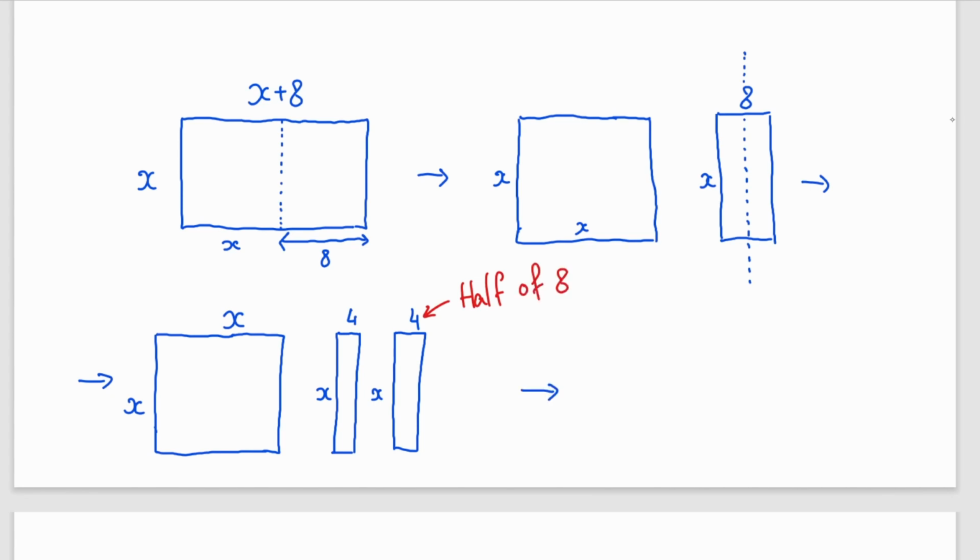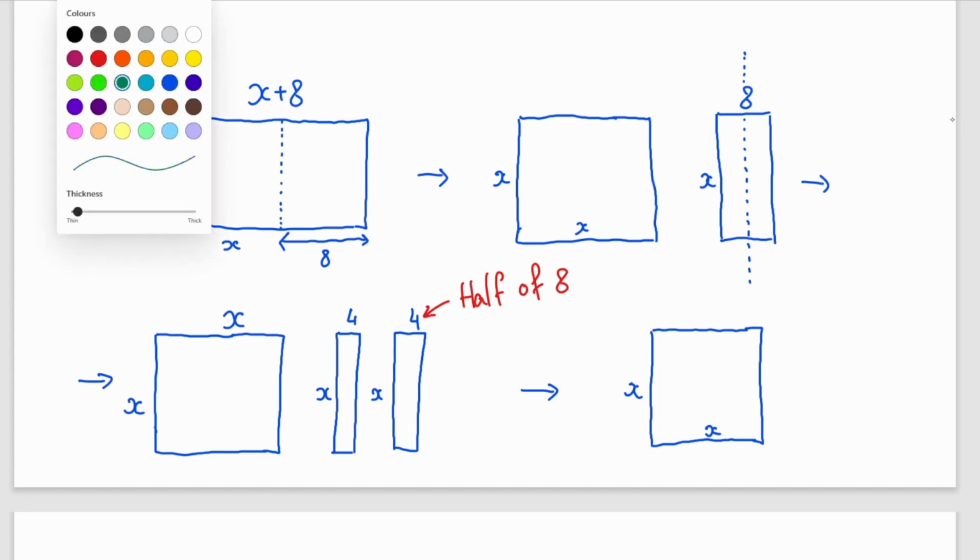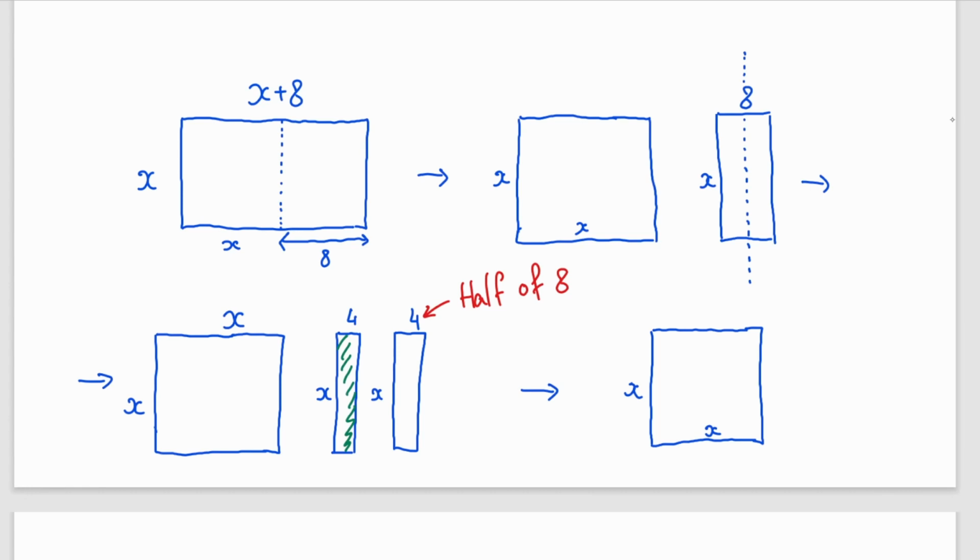Now, what did we do next? We took one of the rectangles, let's say this one, and we placed it on the side of the square. And then we took the second rectangle, let's say the orange one, and we placed it at the bottom of the square.